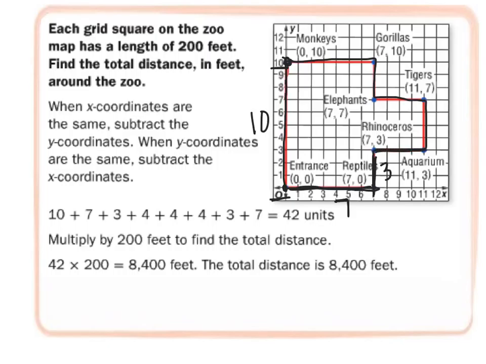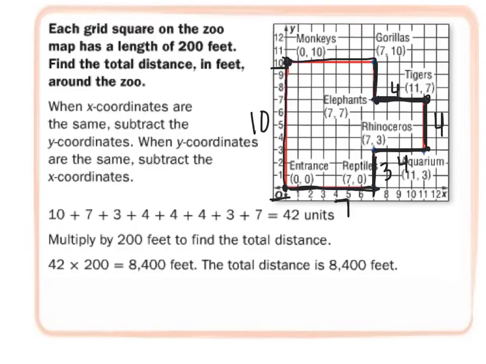Over here, it was at 7 and went to 11. So 11 minus 7 is 4. Then here from the aquarium to the tigers, it went from 7 up here to 3 here, so I know that's 4 away. Elephants to tigers, I see that elephants is at 7, tigers is at 11, so that's 4.